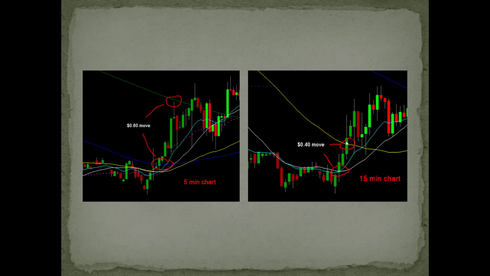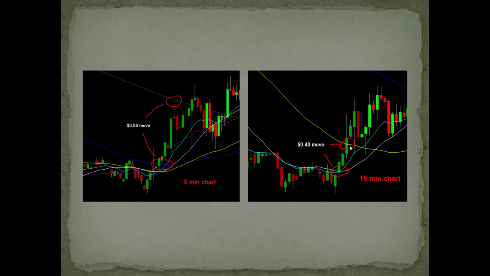So that's going to be a scale out point, or a bailout point. So when this 15, and then I'm checking the 78-minute, I'm checking the daily as well for those resistance and supports. But so from here, I'm going to get a 40-cent move.